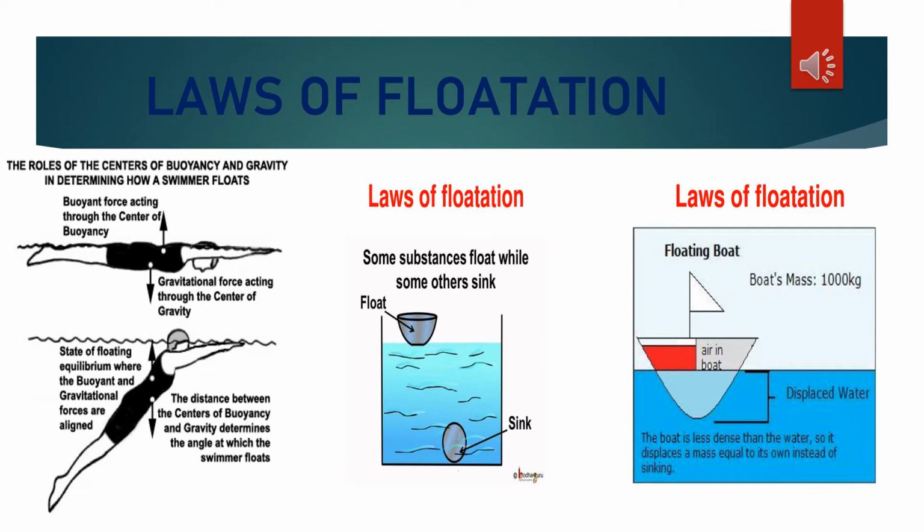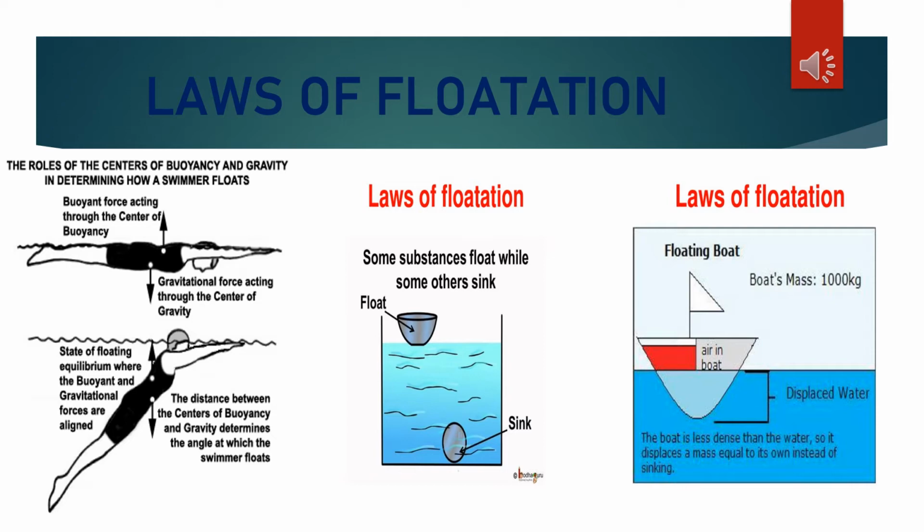Number C. If W is less than W dash, that is, when the weight of the body W is less than the weight of the liquid displaced in completely immersed state, then the body floats partly immersed in the liquid, with the condition that the weight of the body is equal to the weight of the liquid displaced by the immersed portion.